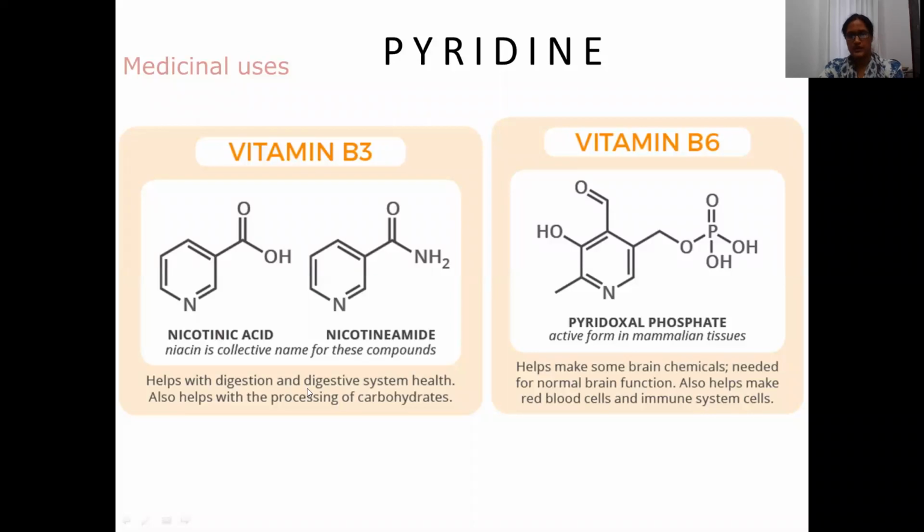These help in digestion and digestive system health, and also help in the processing of carbohydrates. And pyridoxal phosphate is used as a brain chemical and is needed for the brain system, and is very helpful for the immune system, the cells and RBC cells.